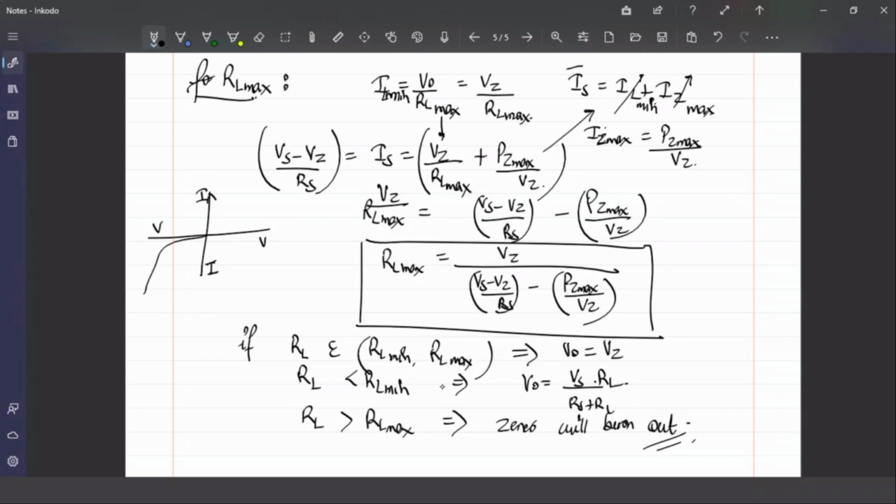Whatever you are getting here, I versus V, is something like this, right? Just take a mirror image of this and draw it in your record, just the opposite. Take a mirror image with respect to the x and y axis. So this quadrant will become this quadrant and you'll get a curve something like this.